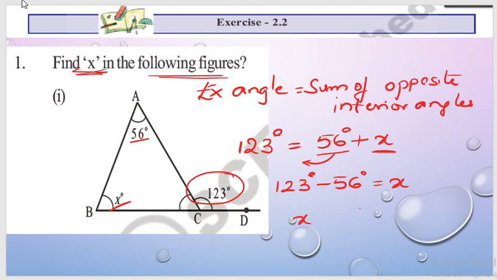On simplification, from 3 we need to subtract 6, we can't, so we take a borrow. So this becomes 13 minus 6, which is 7. When we have taken the borrow, this 12 becomes 11, so 11 minus 5 is 6. So the value of x is 67 degrees.